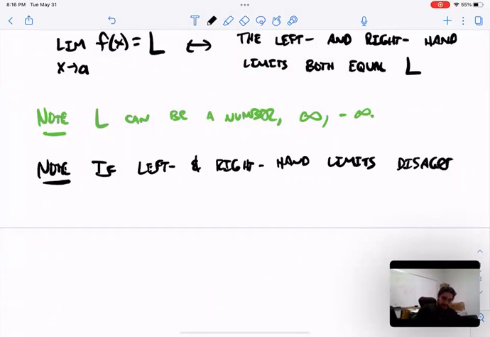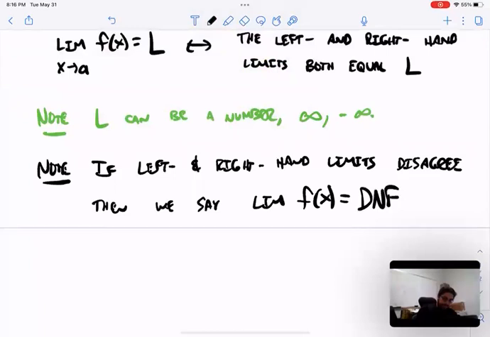If they disagree, then we say that the two-sided limit does not exist. Right, so the limit as x approaches a would be DNE.